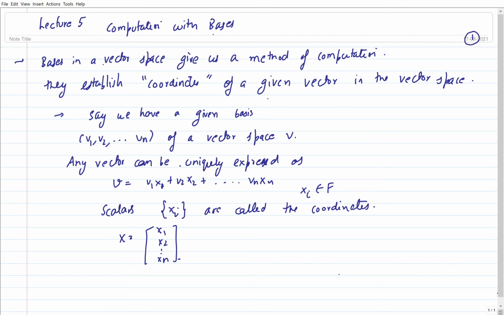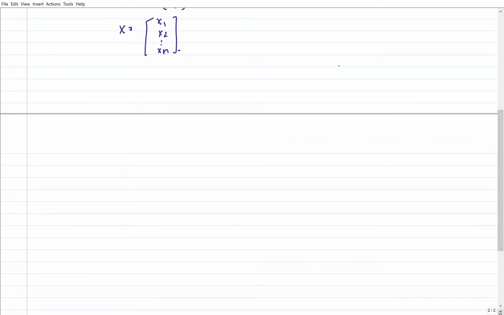So if I have, for example, take an example of a vector space of column vectors from a field, Fn. So this is a space of n-dimensional column vectors.